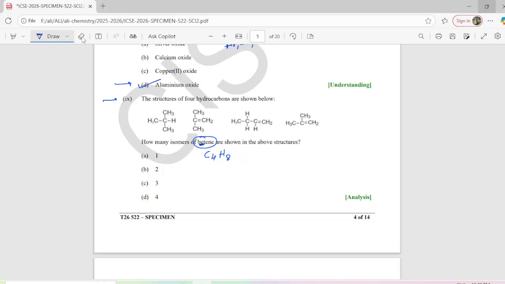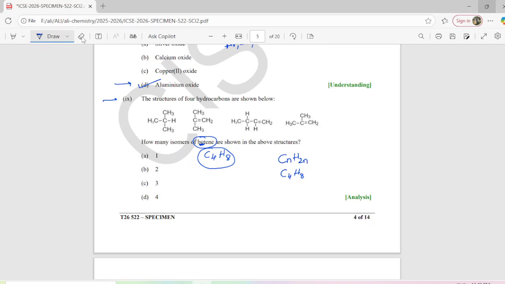But corresponds to 4 carbon atoms, and alkenes have a general formula CnH2n. So when you take 4 carbons, the number of hydrogens must be 8. So you just need to find which of these structures will have this formula C4H8.